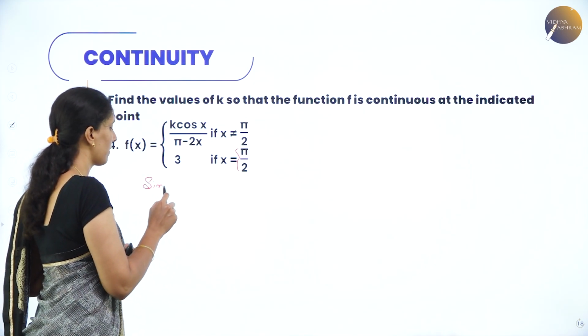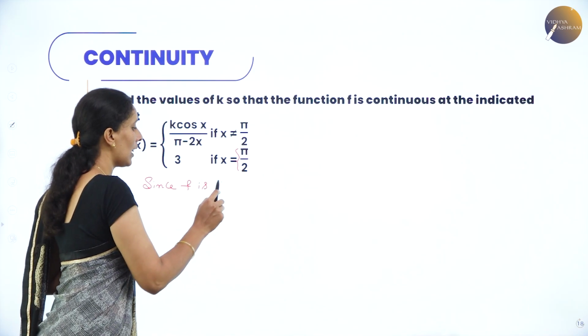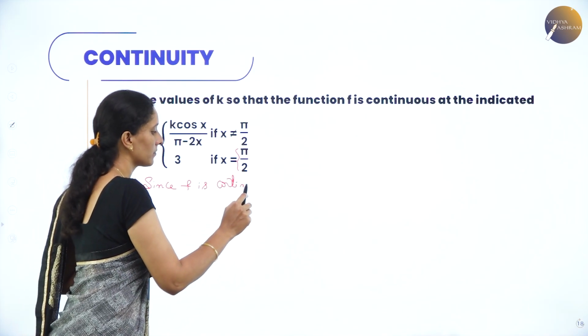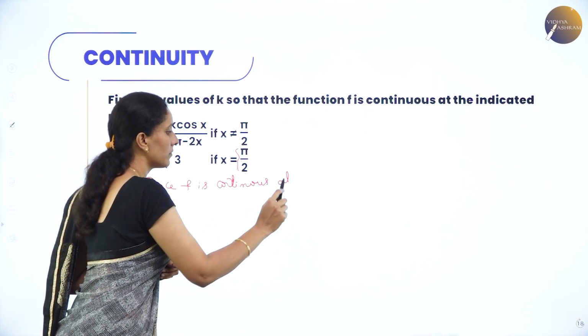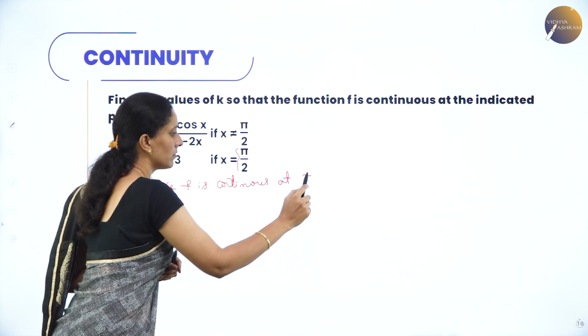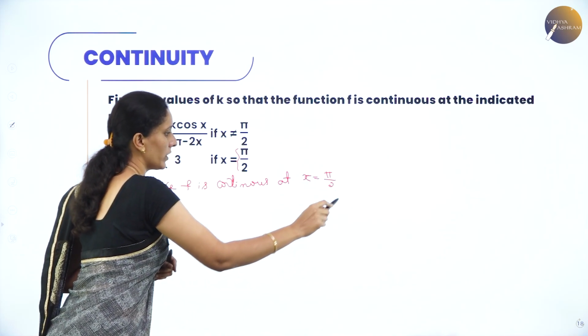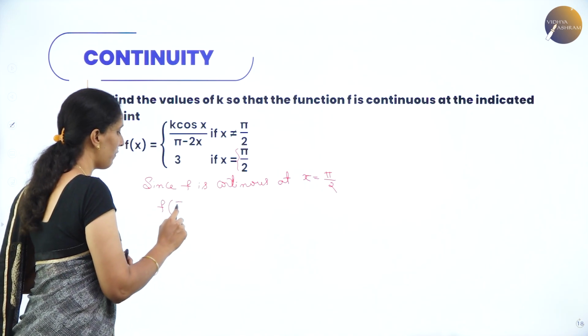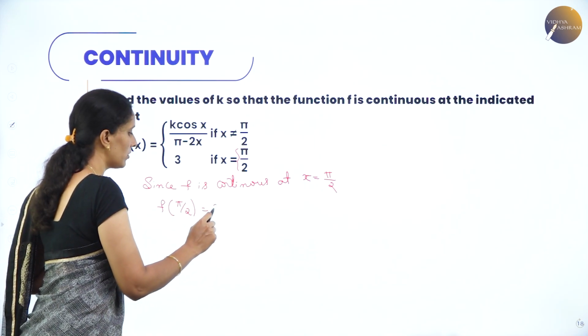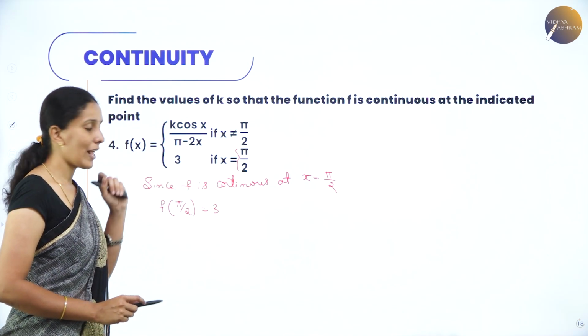Since f is continuous at x equal to pi by 2, f of pi by 2 will be equal to 3, because at x equal to pi by 2, the value is 3.